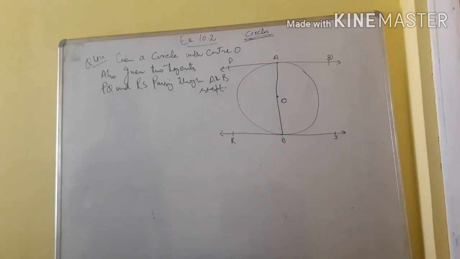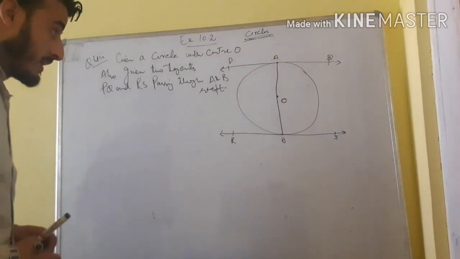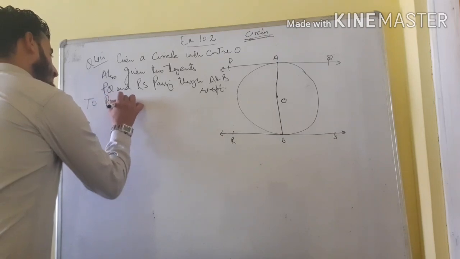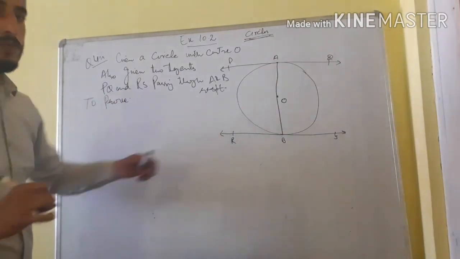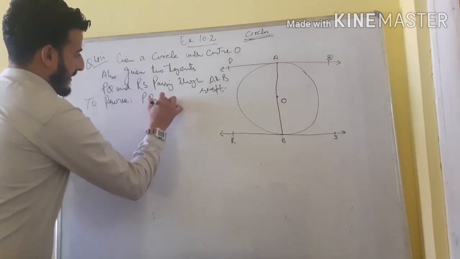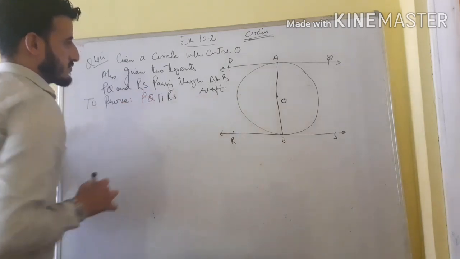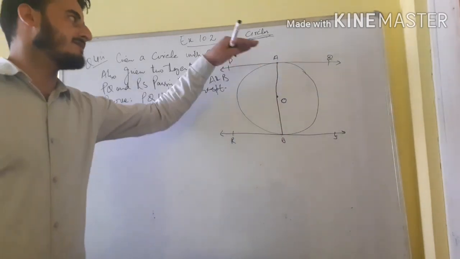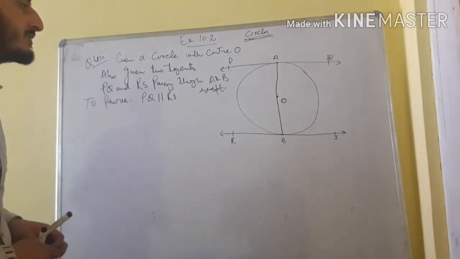Two tangents are passing through A and B respectively. Now, what we need to prove is PQ is parallel to RS. When the tangents touch the endpoints of the diameter, both the tangents must be parallel to each other.